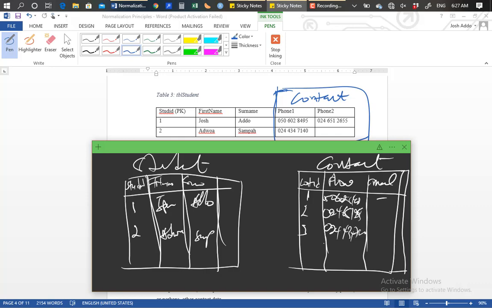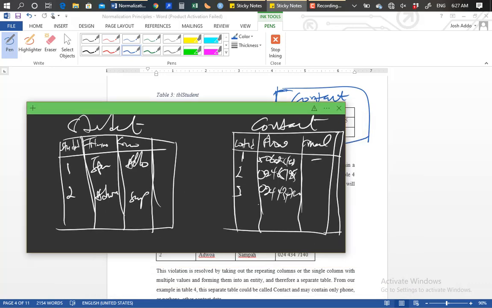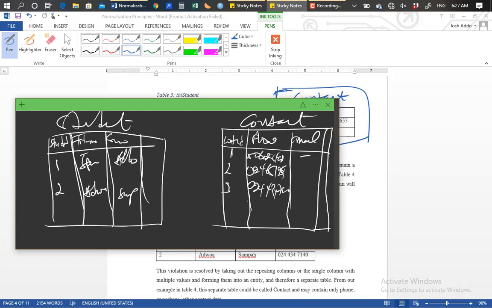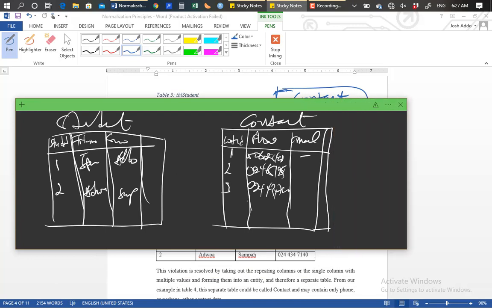So when we add student, we know that the student ID column, which is this one, belongs to the student table, but we are bringing the same thing here. So student is a foreigner here, so let me put in brackets foreign key.